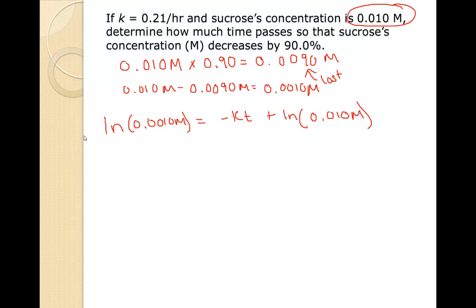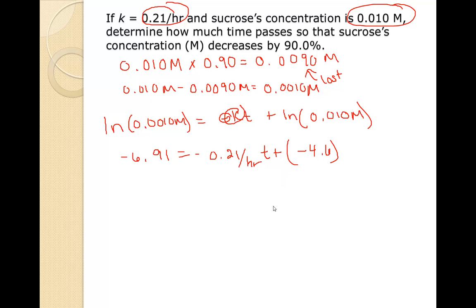Natural log of 0.0010 comes out to be negative 6.91. Our k is given to us as 0.21. Notice the negative sign there. Times the time plus ln of 0.01, which is negative 4.6.